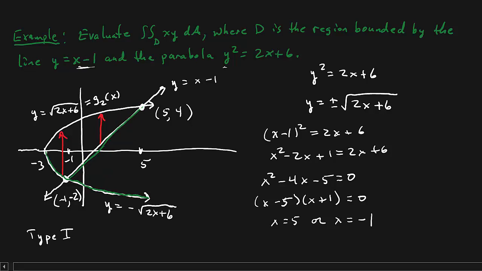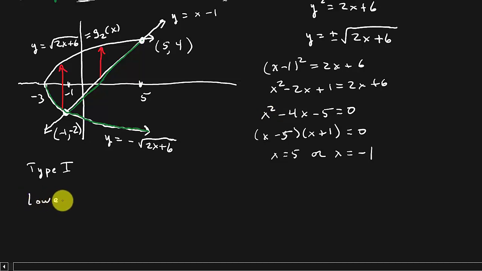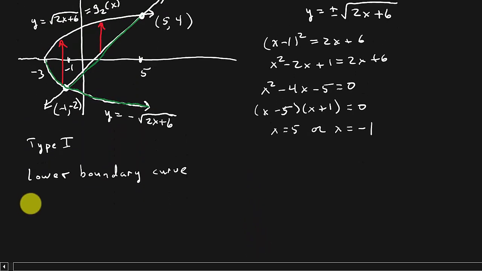Okay? So what is our curve on the bottom, our lower boundary? What's our lower boundary curve? That's g1 of x, right? That's our lower boundary curve. See, this is this right here. That's g1 of x. Well, that's equal to what?